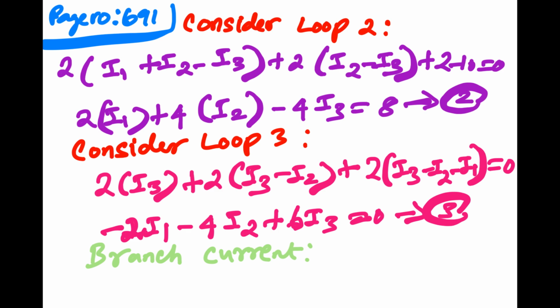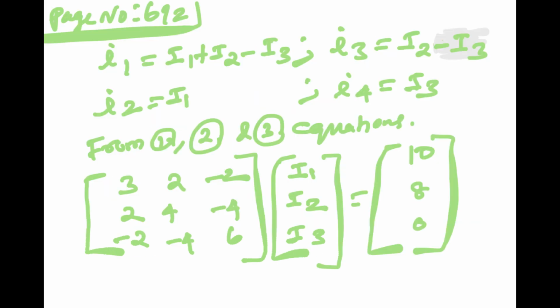Consider loop 3, which consists of only three 2 ohm resistances and no supply: 2 into I3 plus 2 into I3 minus I2 plus 2 into I3 minus I1. The 2 ohm resistances depend upon I1, I3 and I2.